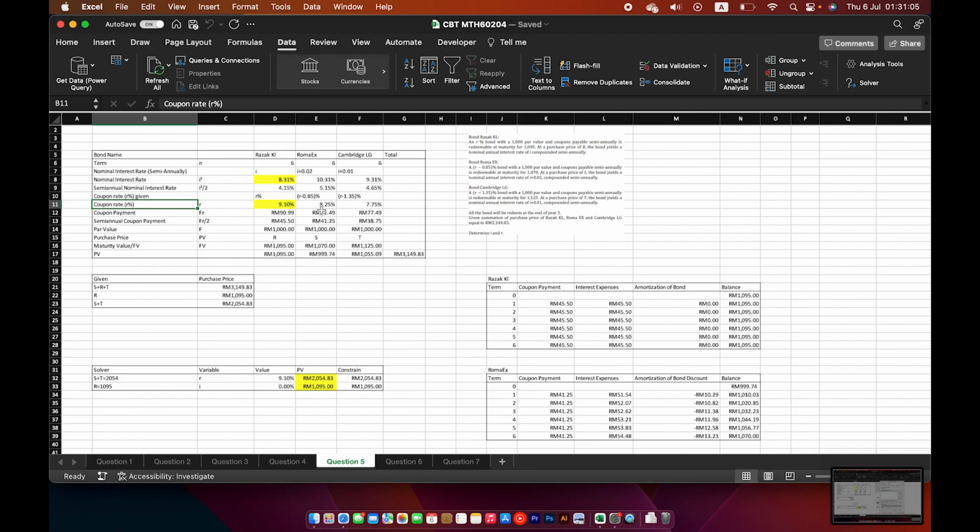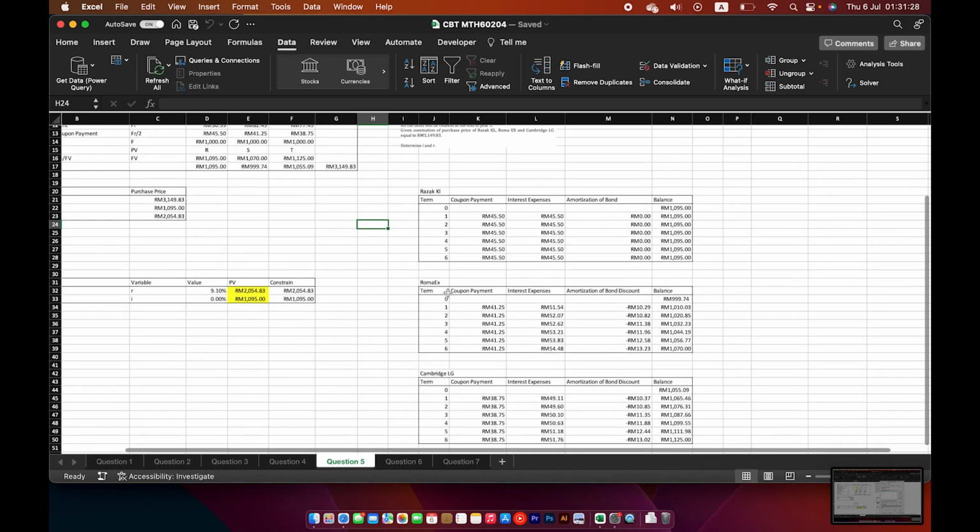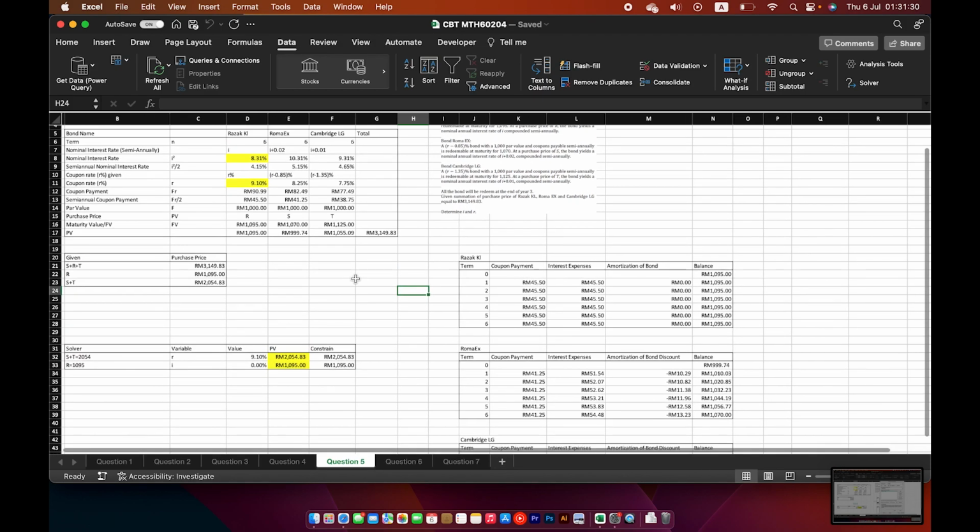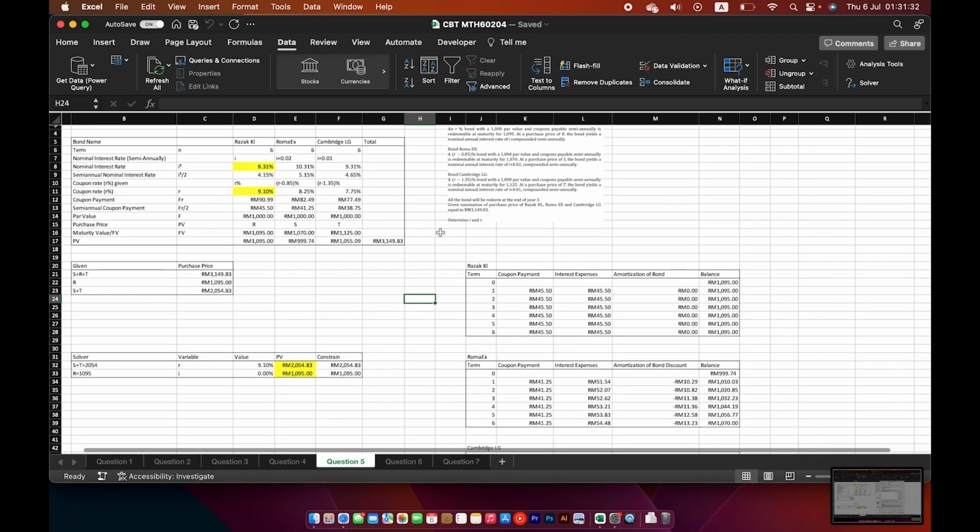For Roma EX and Cambridge LG, it's the relation between them: for the rate of Roma EX, the coupon rate is R minus 0.5%, and for Cambridge LG the coupon rate is R minus 13%. And we are using this table to check whether our answer is correct or not.